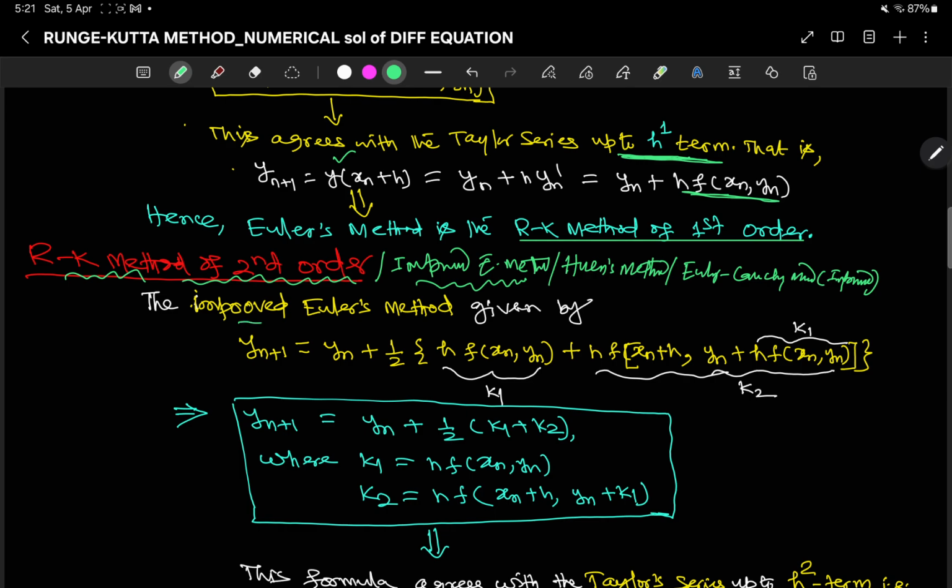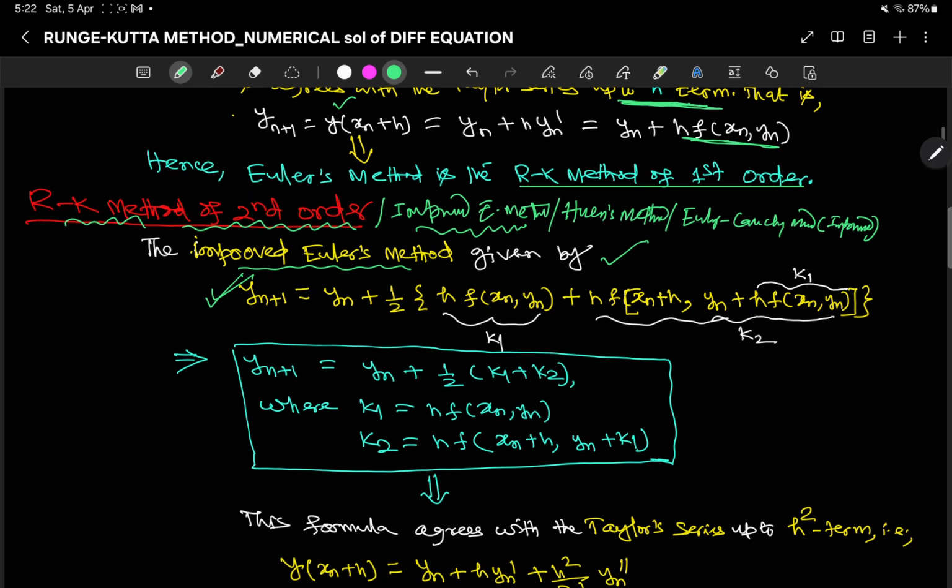So the improved Euler method is given by the formula, you can refer to the previous lecture. That means what is Euler's method? Euler's method is nothing but the equation of the tangent line in a given interval with the slope at the initial point of the interval, right? But here in the RK method of order 2, what we are doing? We are taking the average of the slopes at the initial point and the end point, okay?